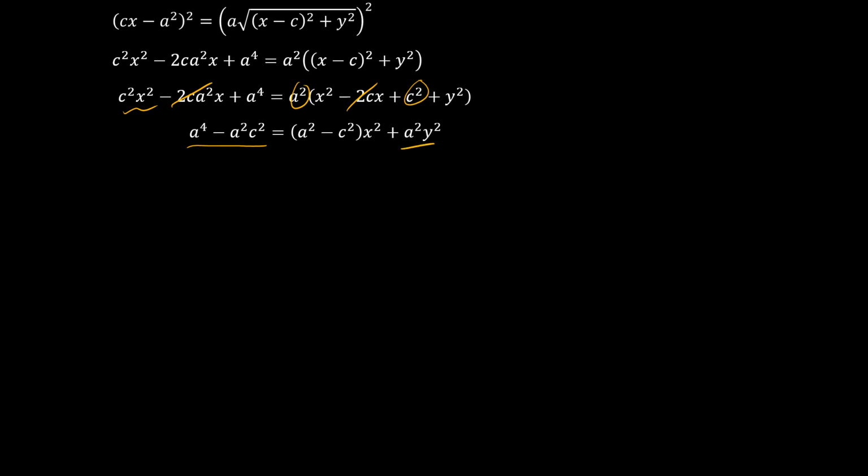We can pull a squared out on the left hand side, so we have a squared times (a squared minus c squared), which equals (a squared minus c squared) times x squared plus a squared times y squared.